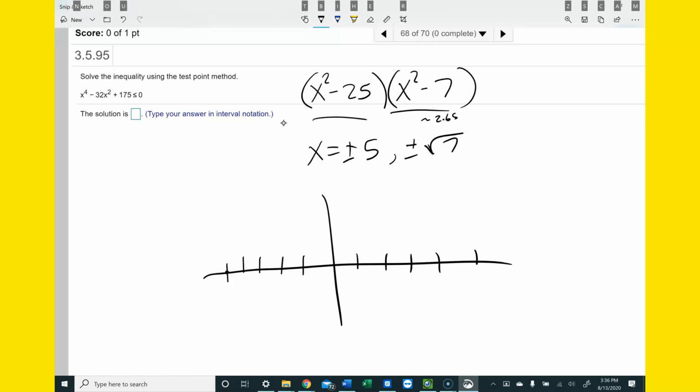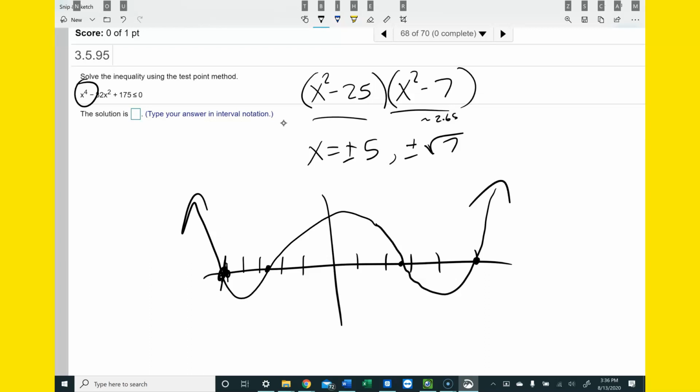So cross at each one of them: -5, we cross at negative square root of 7, which is about right here, we cross at the positive square root of 7, which is about right here, and at 5. And since it's x to the 4th, an even degree with a positive leading coefficient, that means both arms point up. So something, sorry about that, I've got a little shaky hand sometimes.